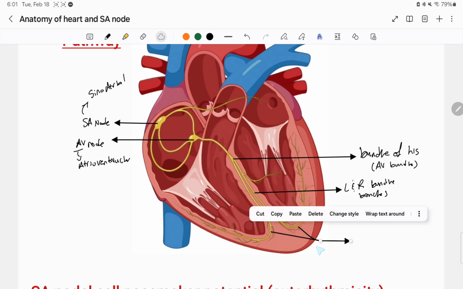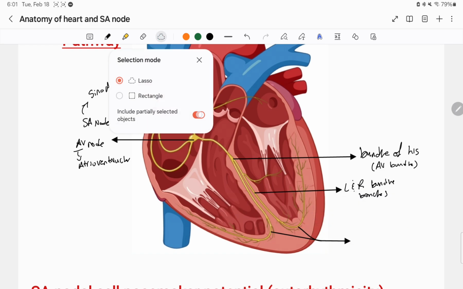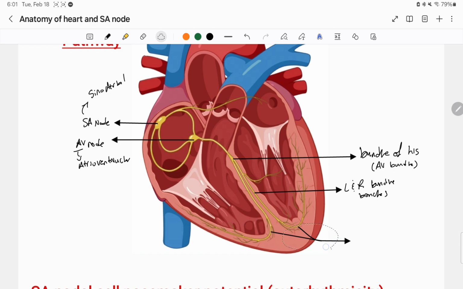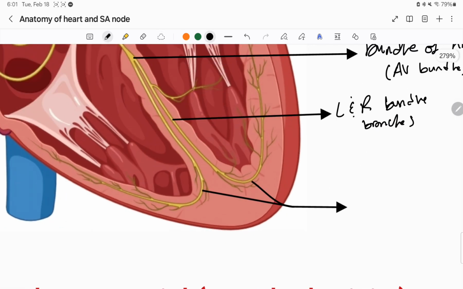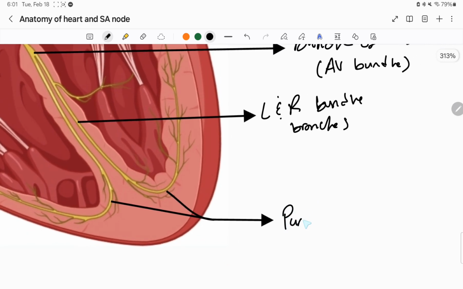Then you get these other things, okay? You see these little branches here? These little branches, all of these branches, those are termed the Purkinje fibers.